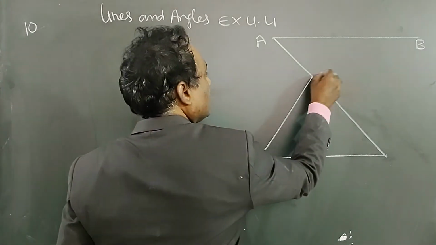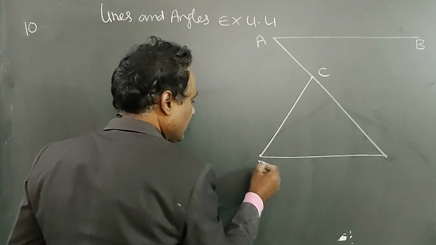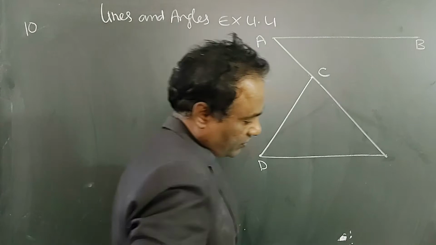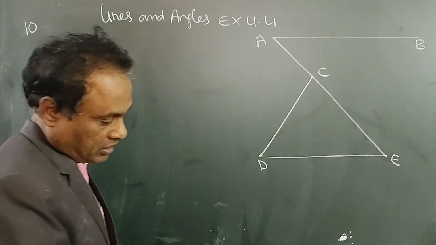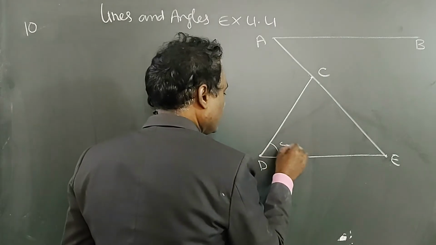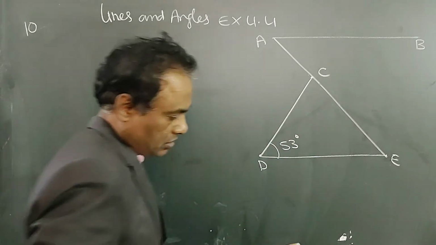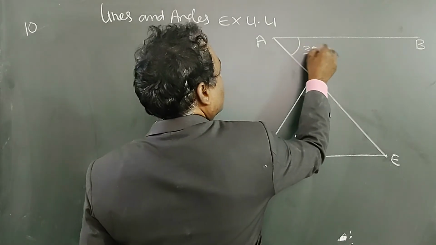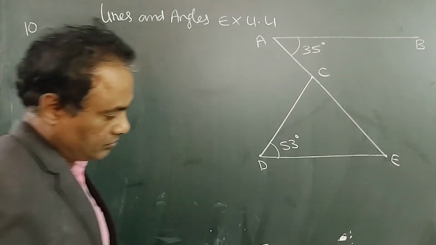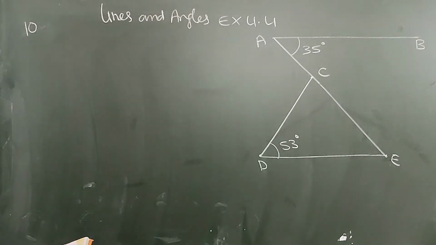This is C. This is D. This is E. This is 53 degrees. This is 35 degrees. This is the diagram, students.